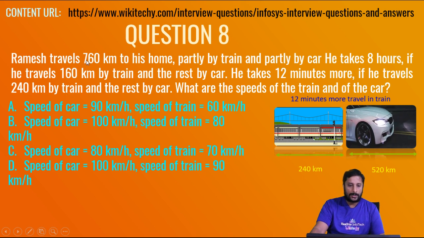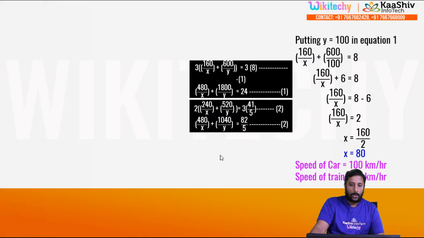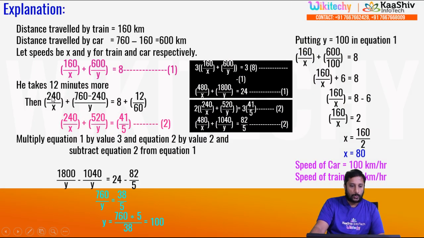So among 760, 240 by train and the rest by car. So 240 divided by x, the speed of the train, plus 760 minus 240, the distance by car, divided by y, is equal to the time, and it took 12 minutes extra. So 8 plus 12 divided by 60 to convert it to hours, because the 8 is in hours.